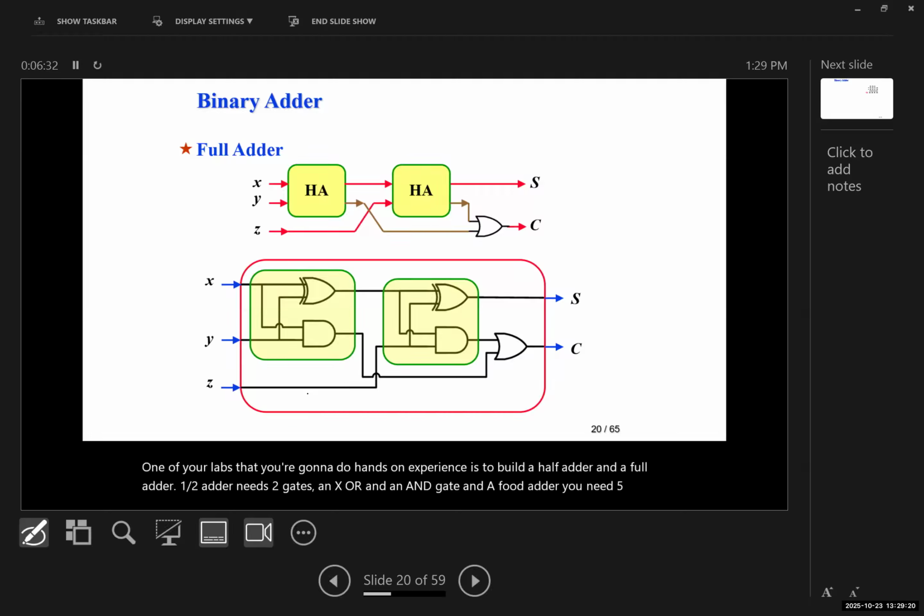Z is 1. And the Z is again connected to the upper XOR gate. So 1 and 1 gives us 0. 1 and 1 AND gives us what? 1. 1 OR with 0. And S would be what? And we know that if we add these two, it gives us 1, 0, or 2. Okay. Now let's try it for 1, 1, 1.